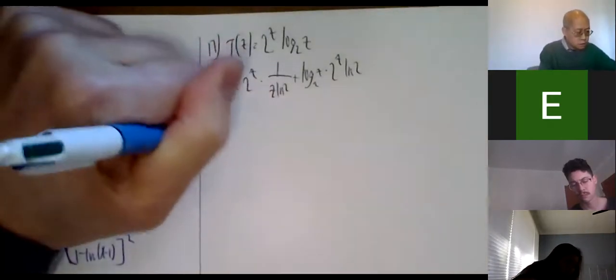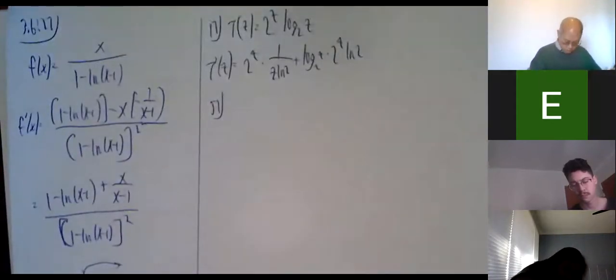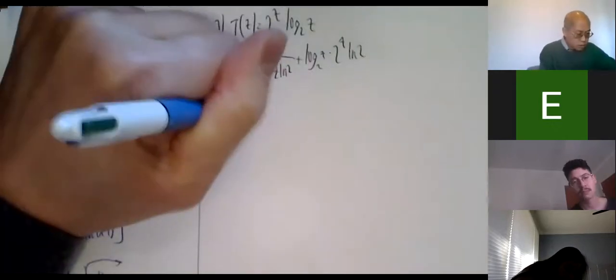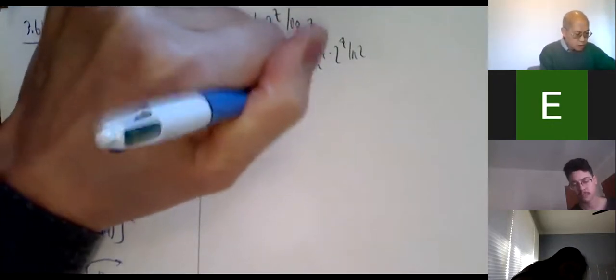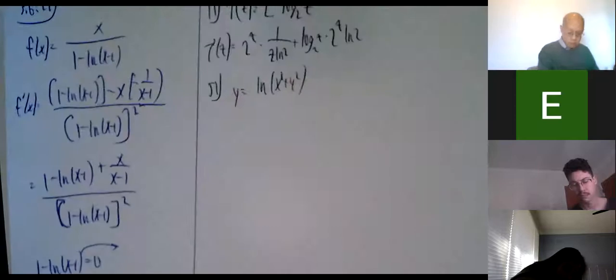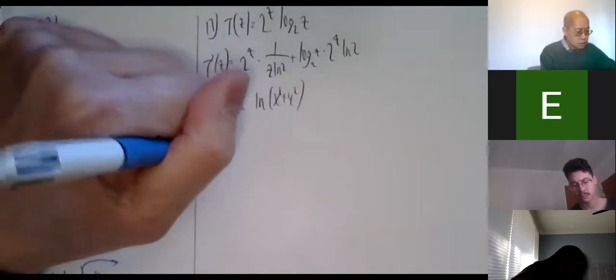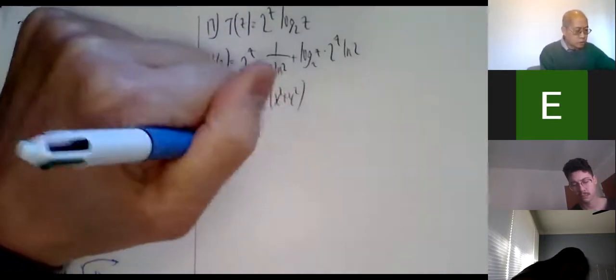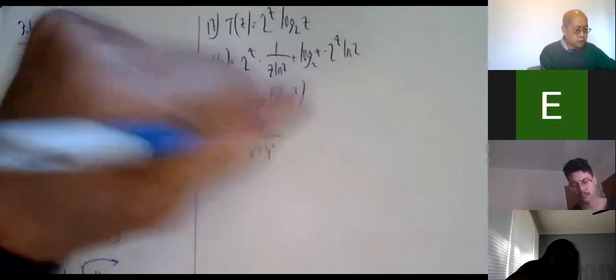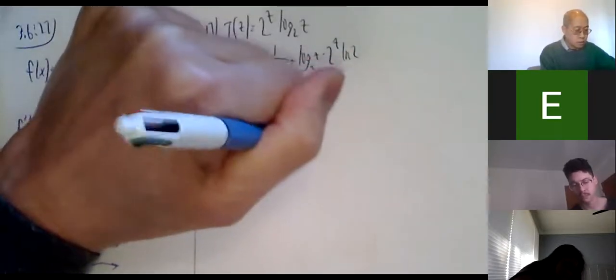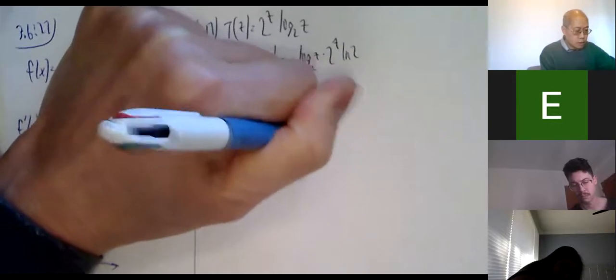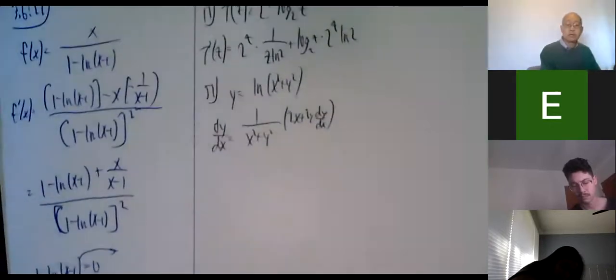51. y equals ln of x squared plus y squared. Find y prime. dy/dx equals 1 over x squared plus y squared, times 2x plus 2y dy/dx.